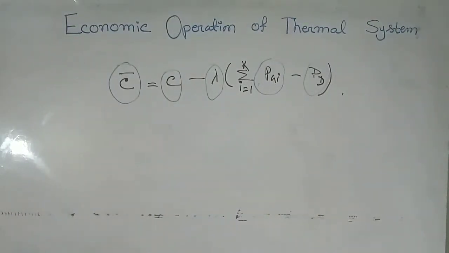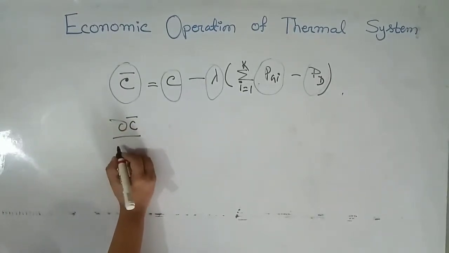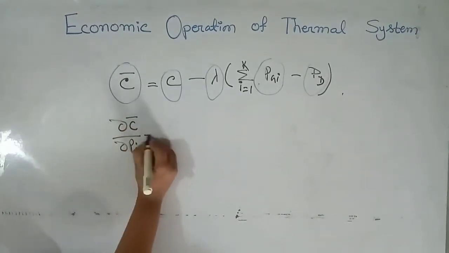Now the necessary condition for minimum value of the objective function results when the first derivative of C bar with respect to each of the independent variables is 0. So we take the partial derivative of the Lagrangian function with respect to output power to get K equations for the K plants operating in the system. Thus for the ith plant, delta C bar by delta PGi equals 0.